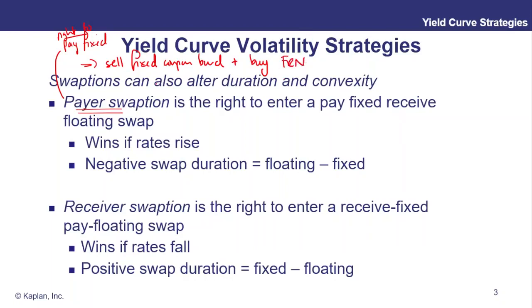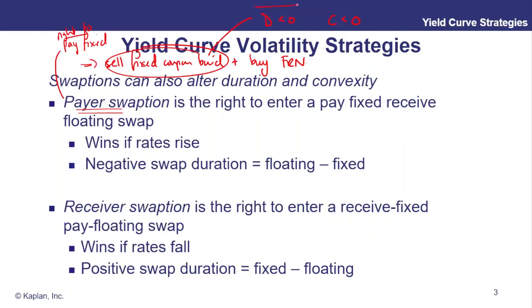That's what we've got the right to do. So it's all about the fixed coupon. That's driving our duration and convexity. We've got the right to sell a fixed coupon bond. So we know that's going to leave us with negative duration and negative convexity, because when we sell fixed coupon bonds, we get negative convexity.